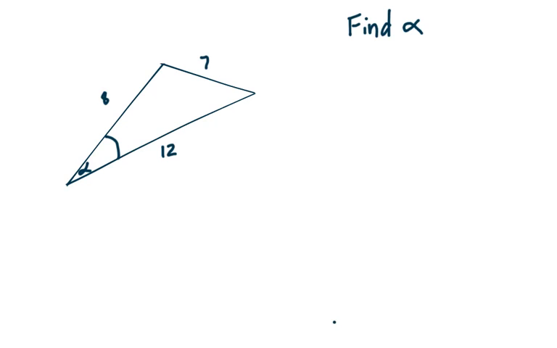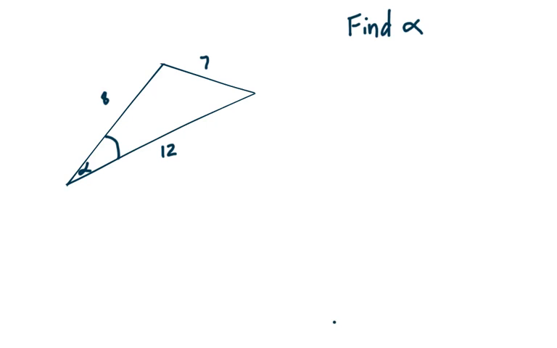Given that we have a triangle with sides 7, 8, and 12, we want to find the angle alpha. So we need to know whether we're using the sine rule or the cosine rule. The first thing we want to do is assign letters to the sides and to angles as well.